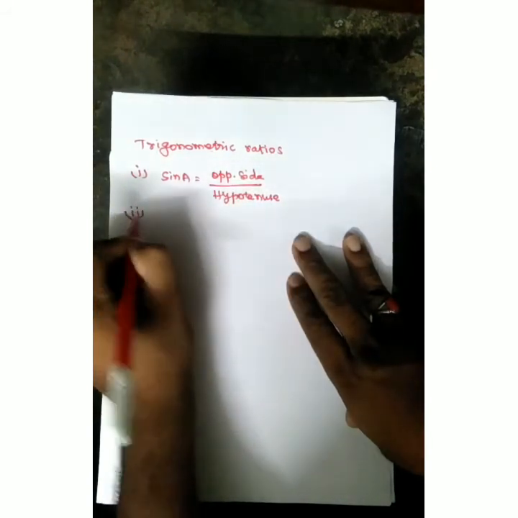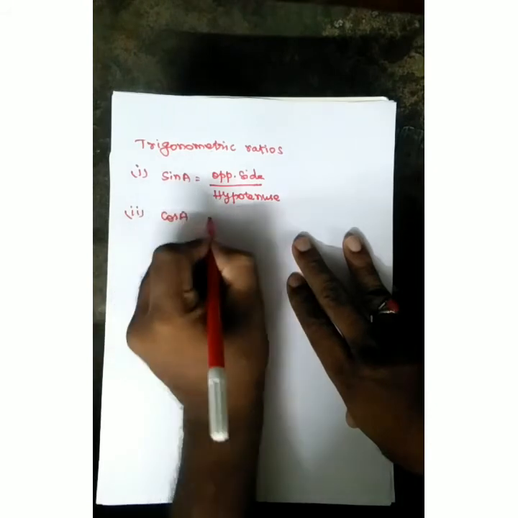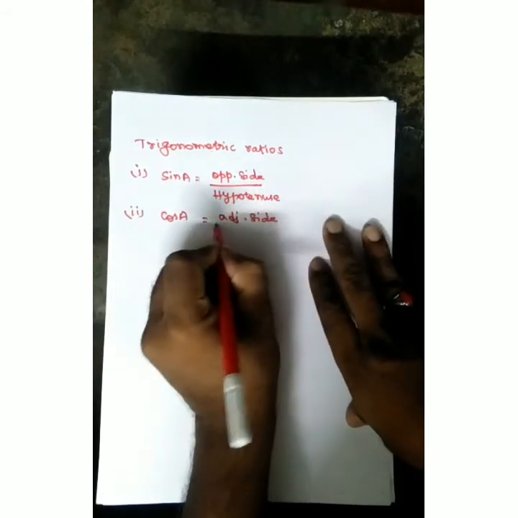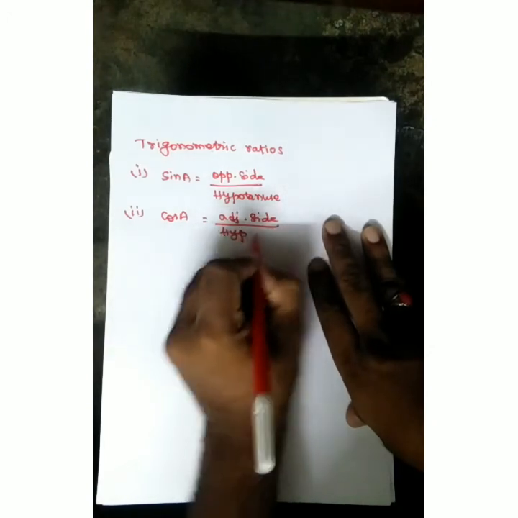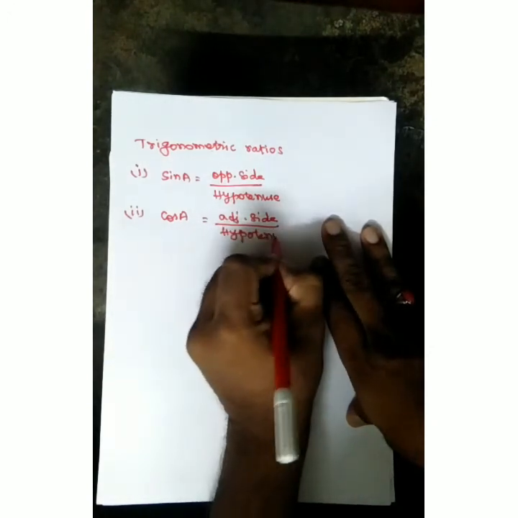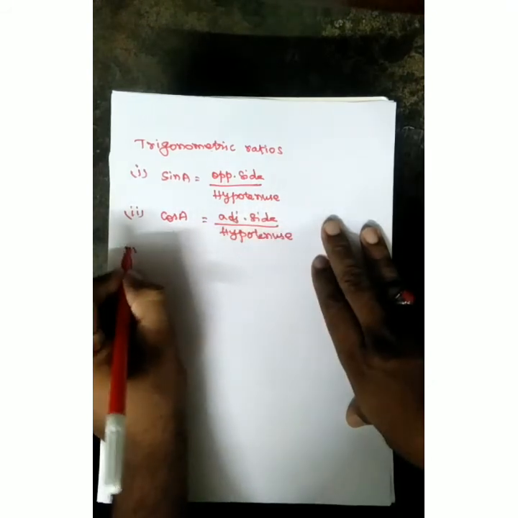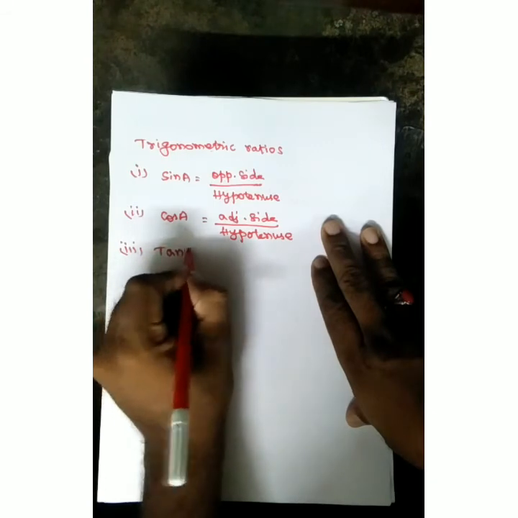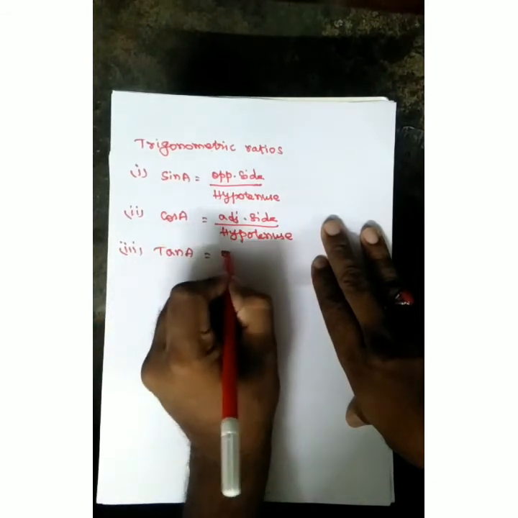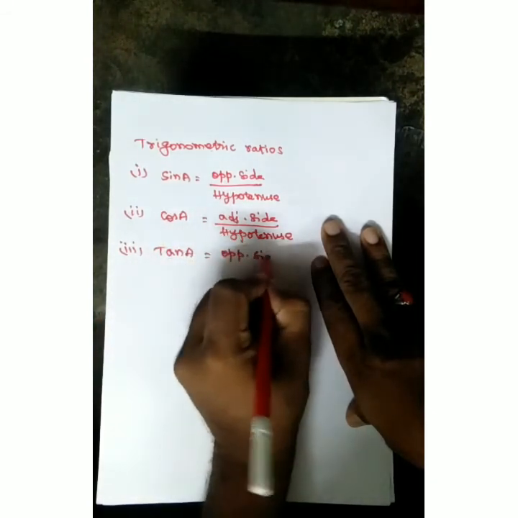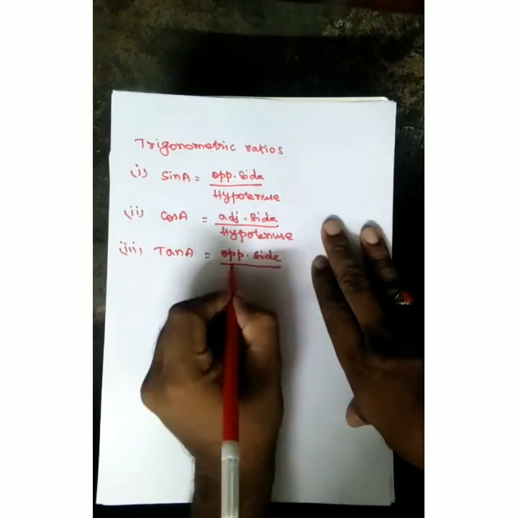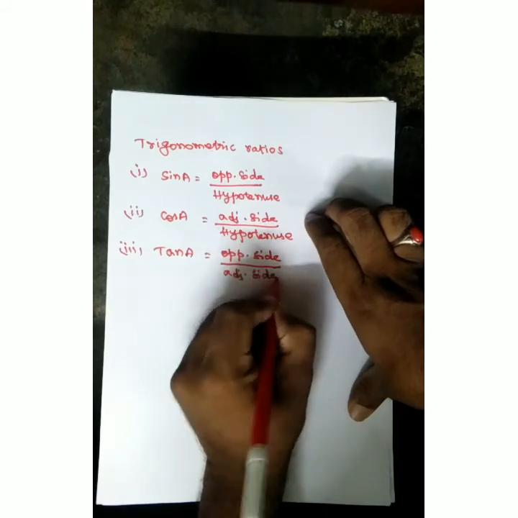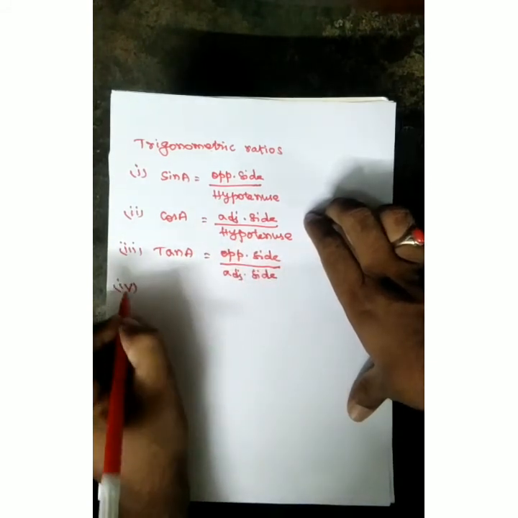Second one is cos A, adjacent side by hypotenuse. Third, tan A. Tan A means opposite side by adjacent side.